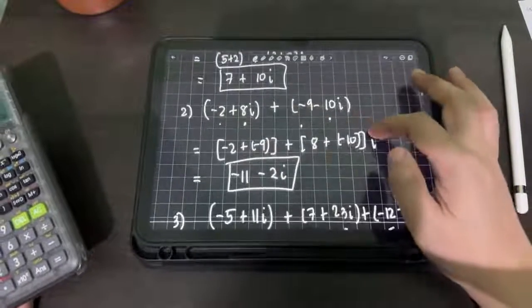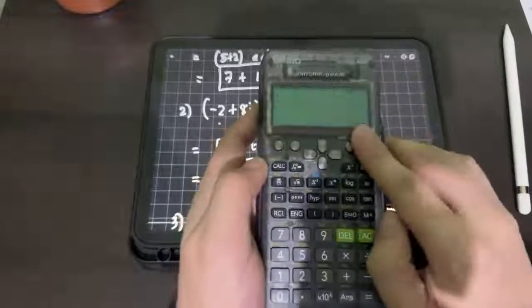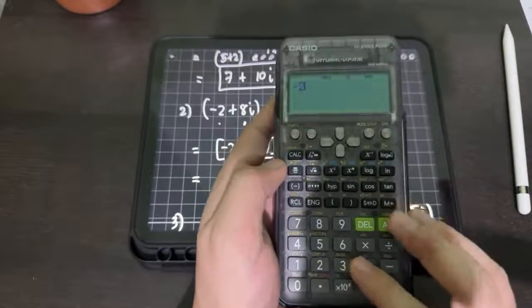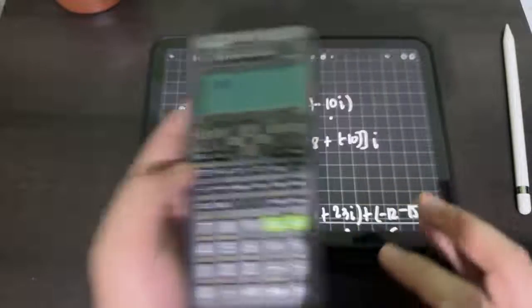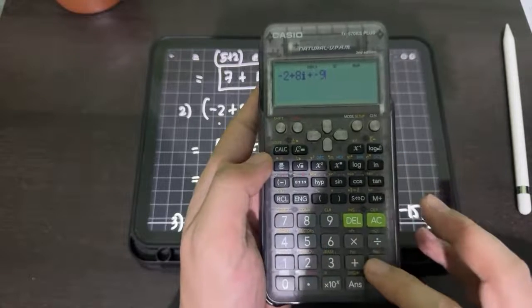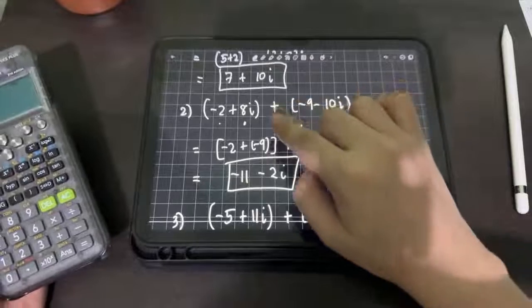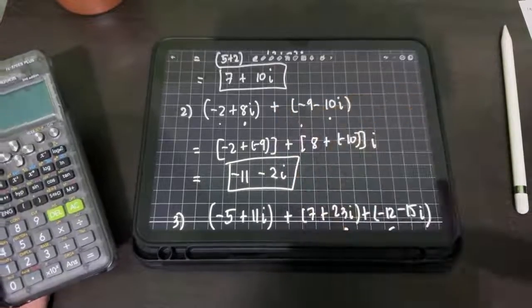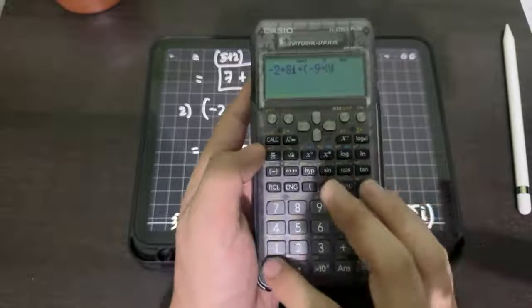Correct. Number 2, negative 2 plus 8i plus negative 9 minus 10i. Okay, negative 2 plus 8i plus negative 9 minus 10i. Okay, you can put parentheses if you have plus followed by a negative sign. So, plus negative 9 minus 10i.